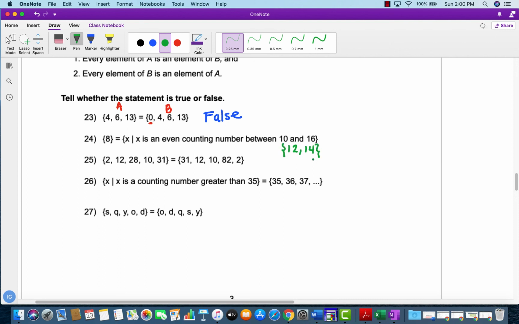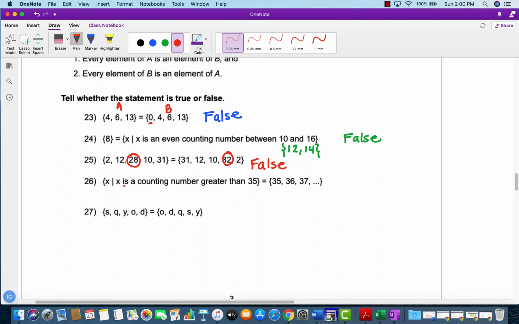And 12 and 14 are not 8, right? So this is false. Next one, I see a 2, a 12. I don't see a 28 here, so be careful. They're switched, so they're not the same. False again.